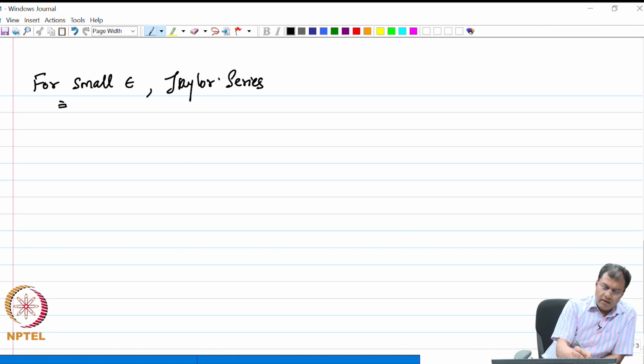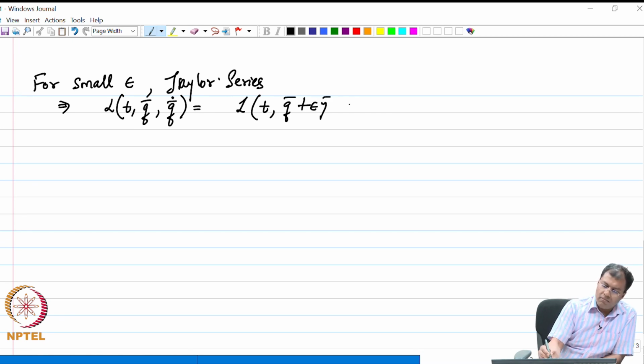implies that I have L of T of q bar comma q bar dot is also equal to L of T comma q bar plus epsilon eta bar comma q bar dot plus epsilon eta bar dot, right.